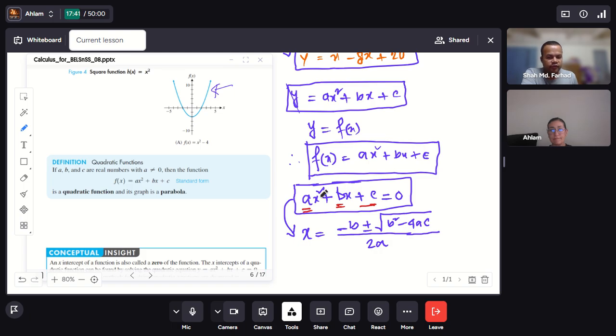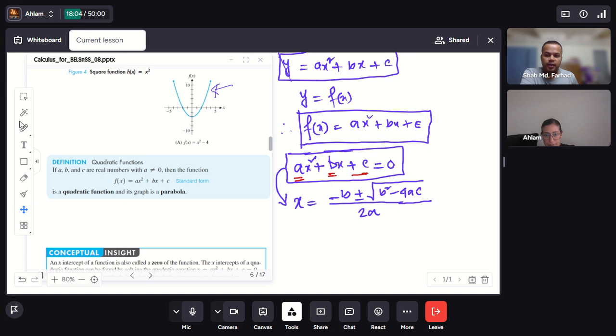How many solutions will there be? Two. Why will we get two? This is also a polynomial equation.